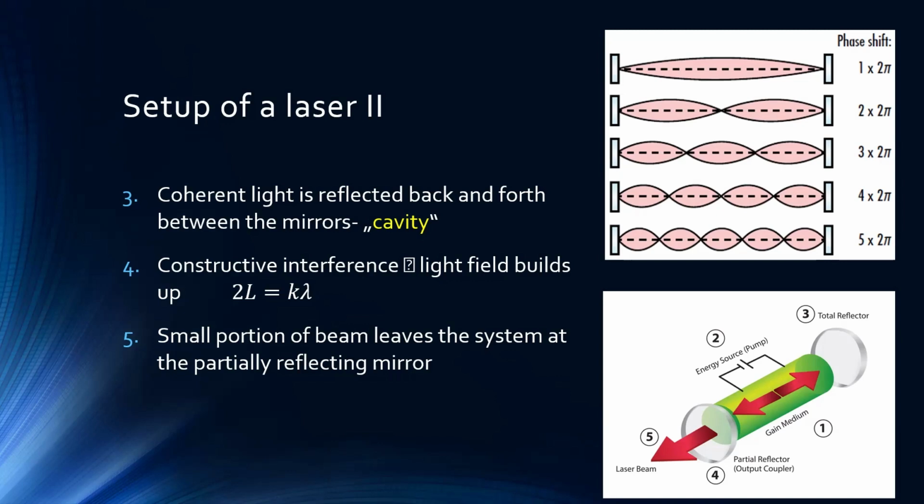Or you can, of course, couple out some of the light and just make it go out of the system, or make the mirrors less reflective or something, so you get more losses. But I don't think I've ever really thought about how you want to actively stop the laser.